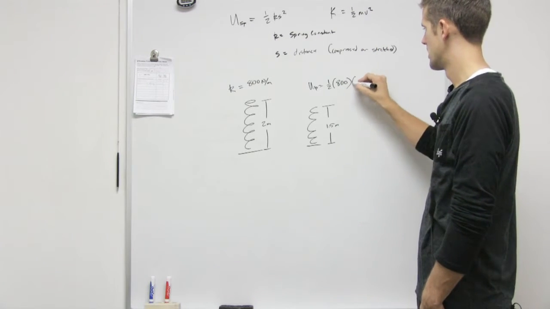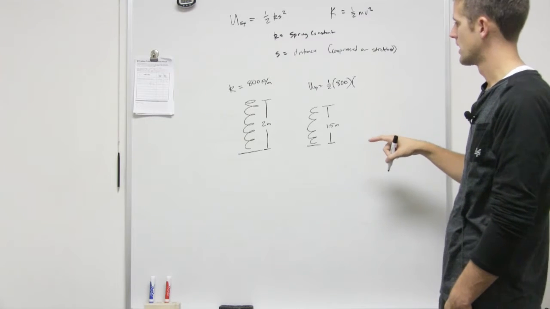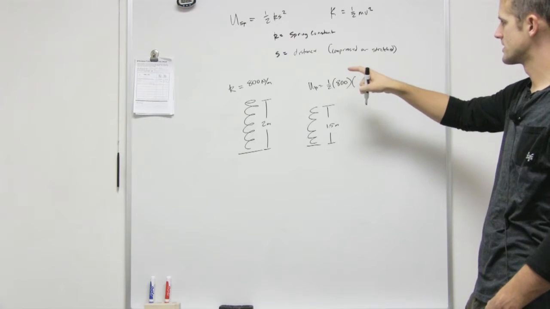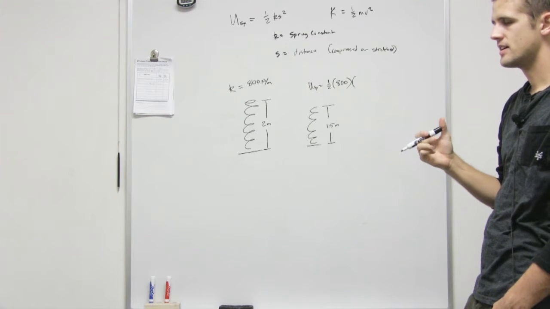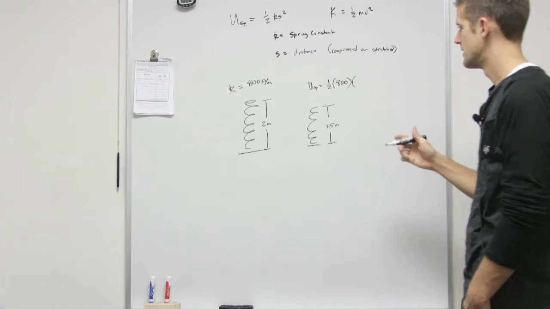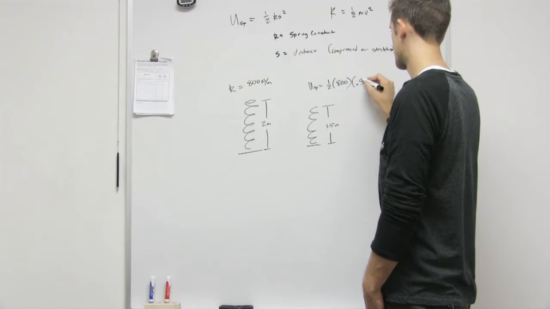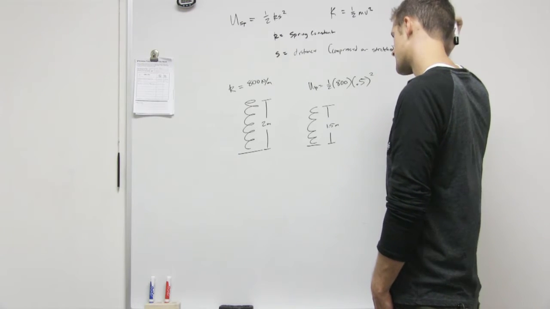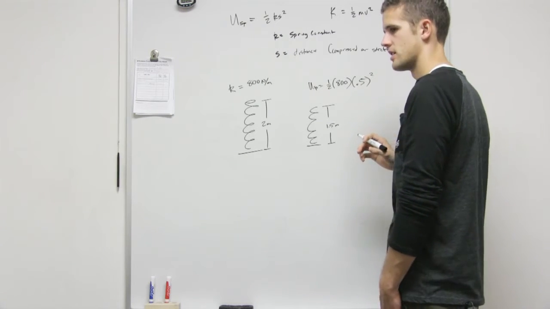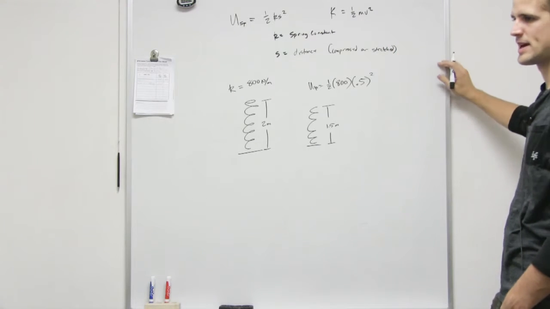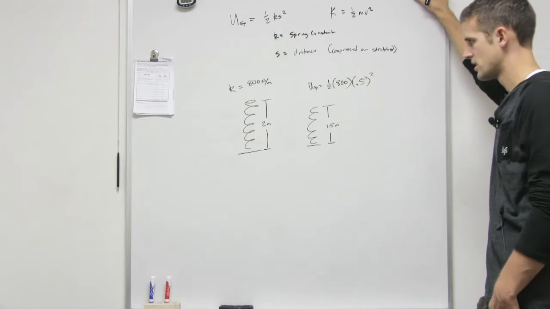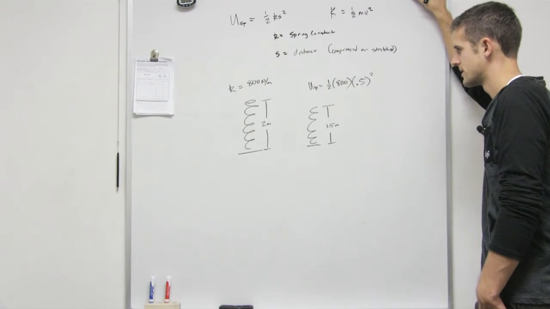Times s squared. So s is how much it changed. So from 2 to 1.5? Yeah, so 0.5. That's the trick there, you just have to watch out for how long it was originally. Or we do negative 0.5. Well, either way, you square it, so it doesn't matter. It'll always be positive, whether you compressed it or stretched it.